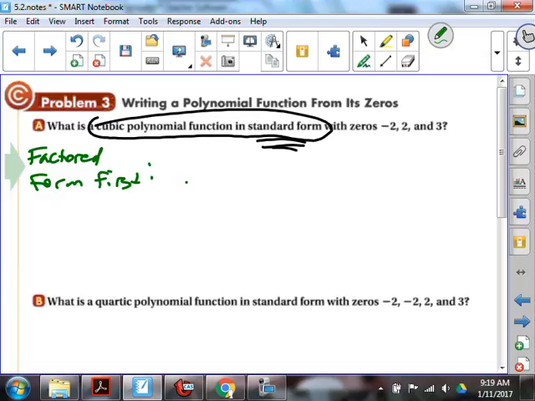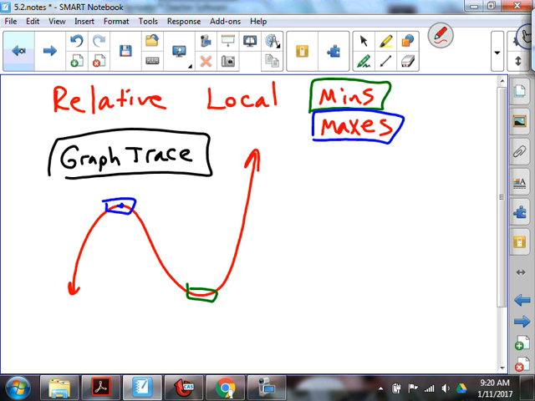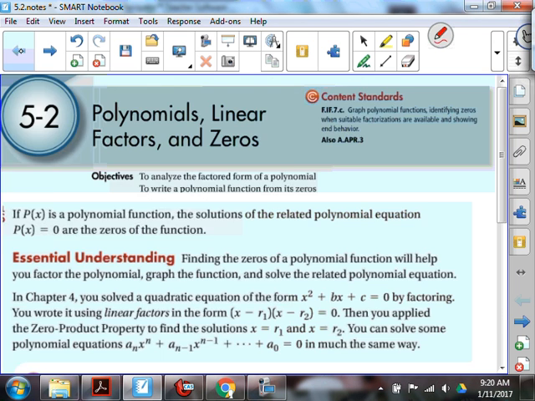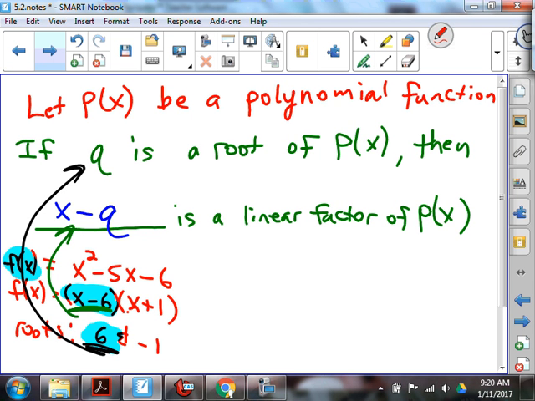Here we go. F of x equals. Hey, wait a minute. Negative 2 is one of the roots. What does that mean one of the factors is? Maybe we need to back that up. If q is a root, then x minus q is a factor.